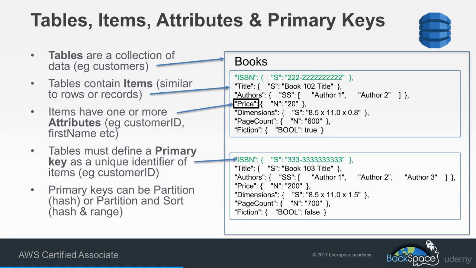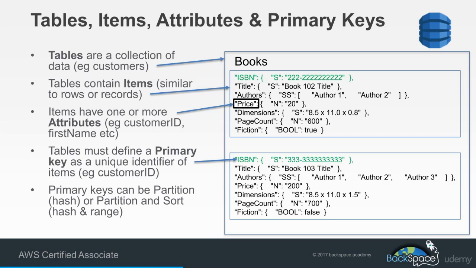Looking here on the right-hand side, I've got a diagram of a books database. This could be a bookstore or a library or whatever. In our bookstore or library, we've got individual books, items. So we've got a books table, and inside of that we see two books that I'm showing.